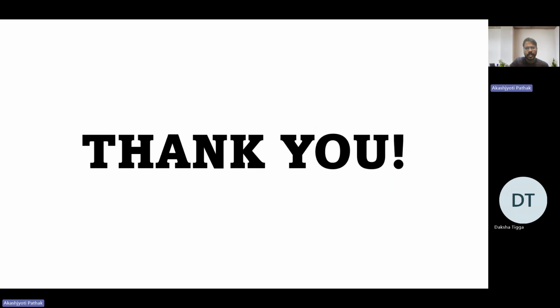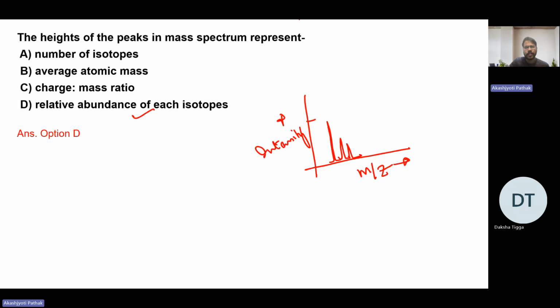So is it clear? That was all for today. I hope it clears some of your doubts. We do not have to go through the details of each of the spectroscopy techniques, but the basics, like which spectroscopy is used for what purpose.